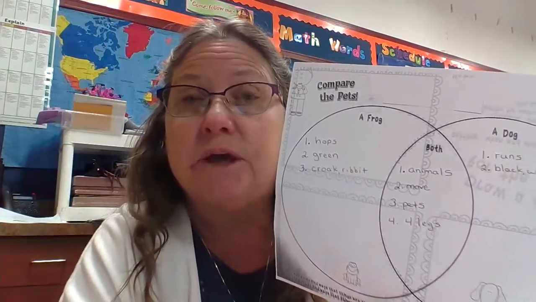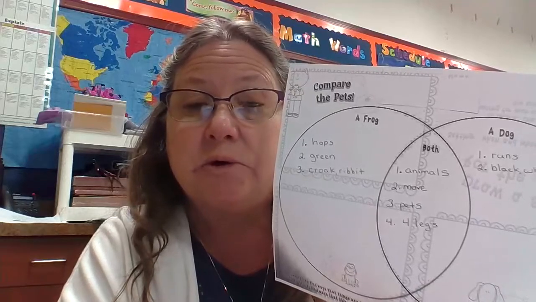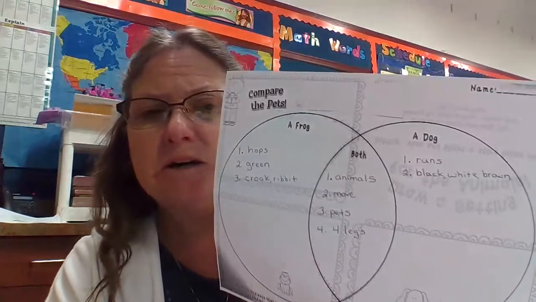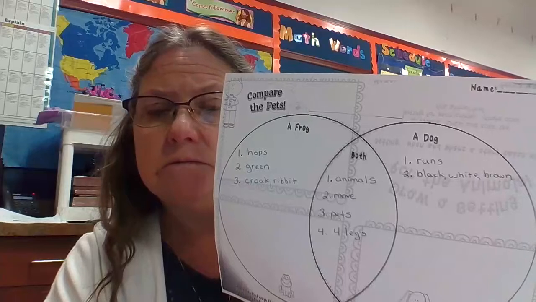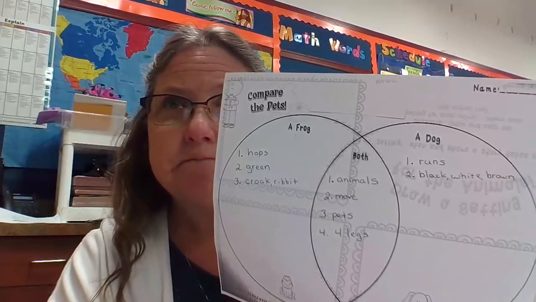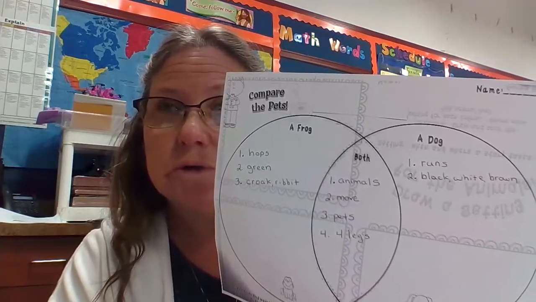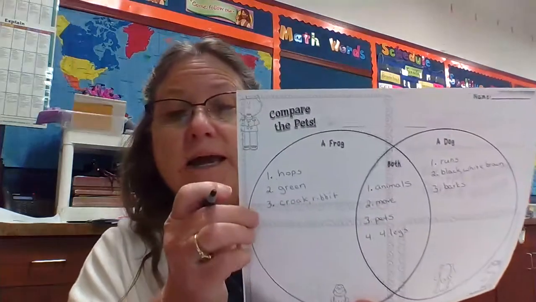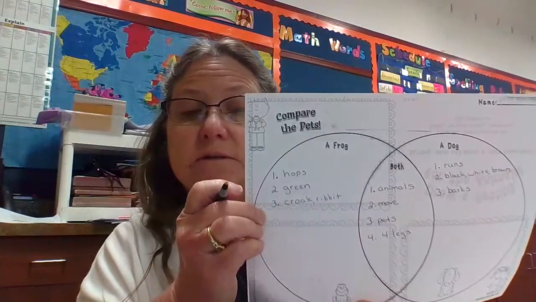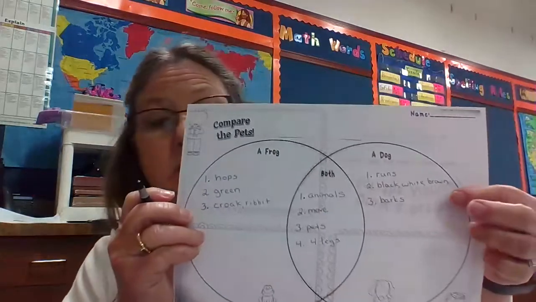They're kind of the same word. Well, what about a dog? Does a dog croak? Does a dog ribbit? No. What does a dog do? A dog barks. Yes, a dog barks.